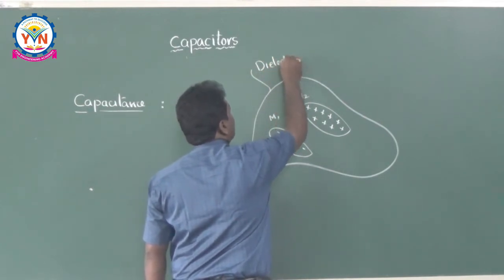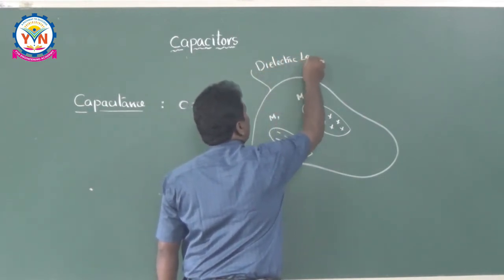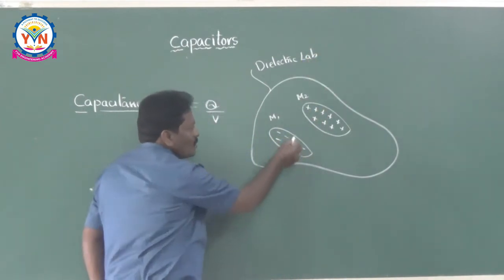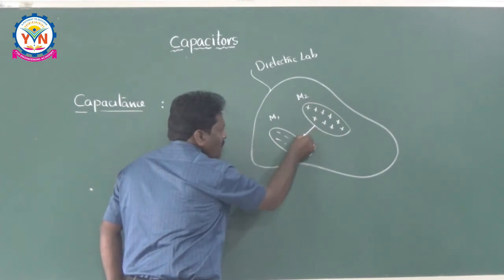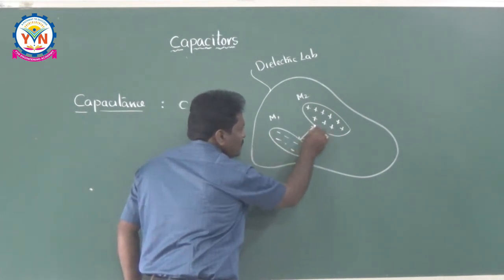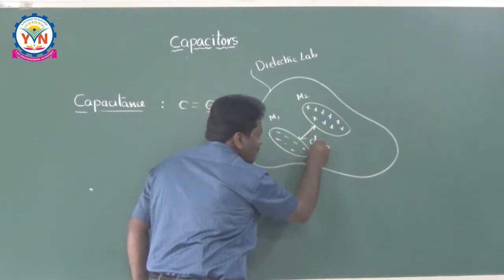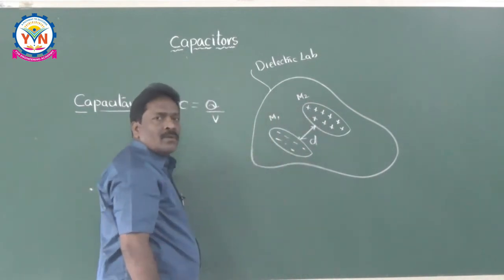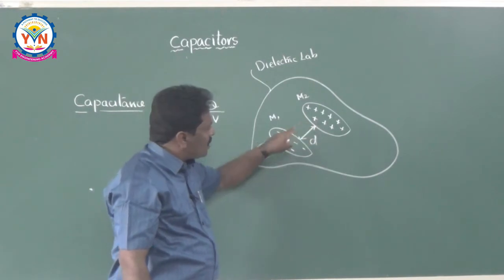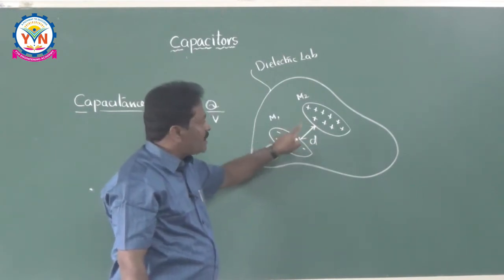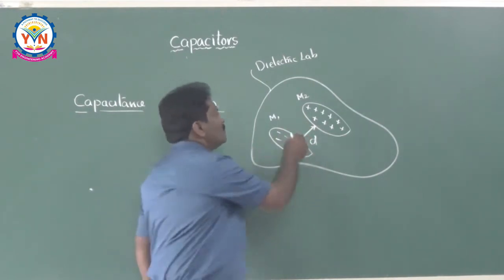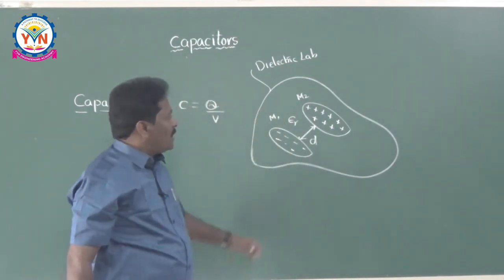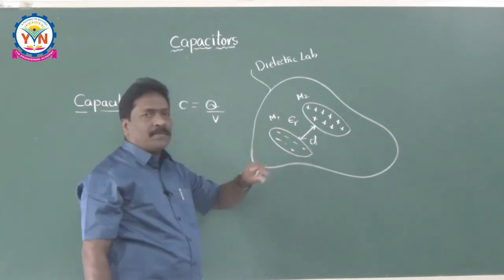On this dielectric slab, I am embedding two conducting portions here. So, definitely some distance exists here. This is separated by some distance d. That means forming the principle of a capacitance. So, two oppositely charged surfaces separated by some distance, with the relative permittivity epsilon r of this dielectric material, constitutes the concept of a capacitor.